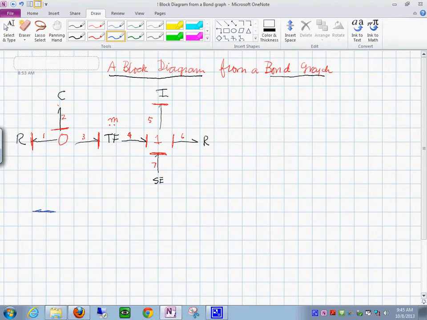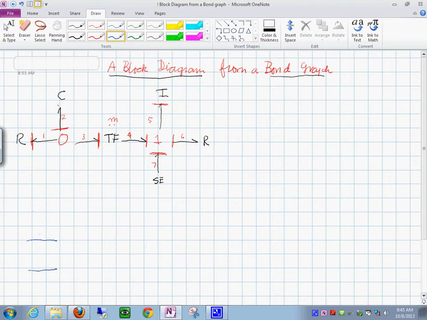I may need a little more space, so I'm just going to start farther down here. So we go on this one, and let's just start over here. This is the R element.